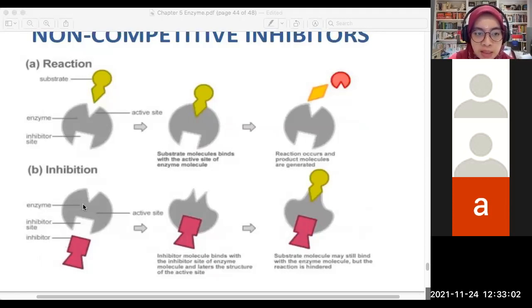Observe now that the active site is changed, so the substrate cannot bind. In some cases the substrate can still bind, but no reaction takes place, because the structure of the enzyme is changed as a whole. In this condition, even if we increase the amount of substrate, nothing will happen because the enzyme is already changed.